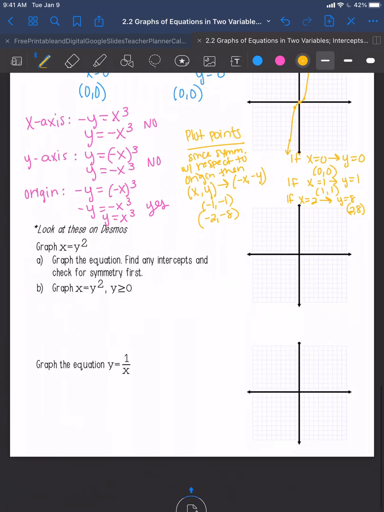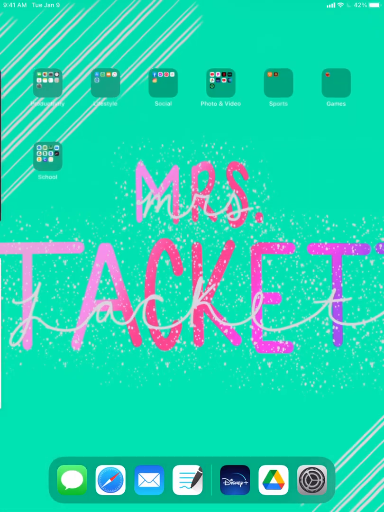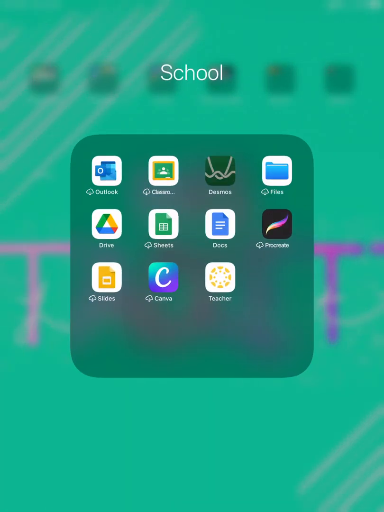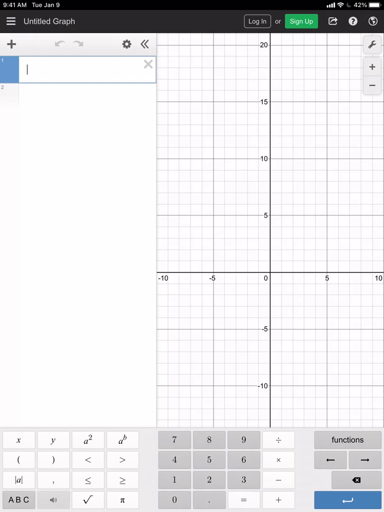And then we will graph the equation 1 over x. All right, so first we have x equals y squared. And then we're going to want to see it where y is greater than or equal to 0.